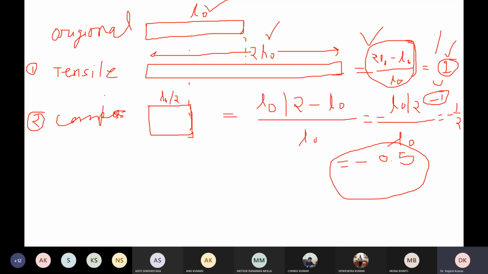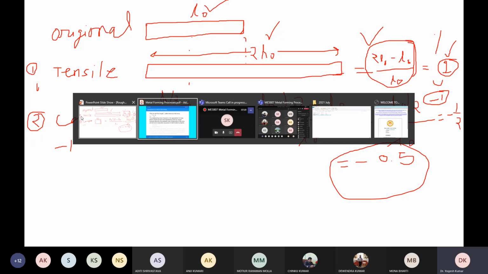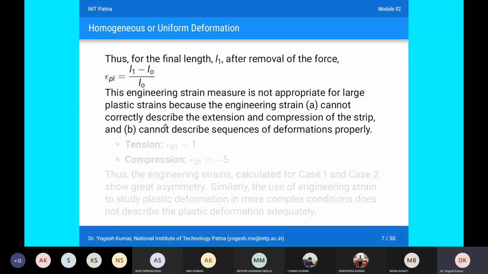So in true strain, we can expect it to be 1 and minus 1, or something like that, but it is not happening with engineering strain. In tension it was coming epsilon equal to 1, and in the case of compression, sorry, it is a typo error.